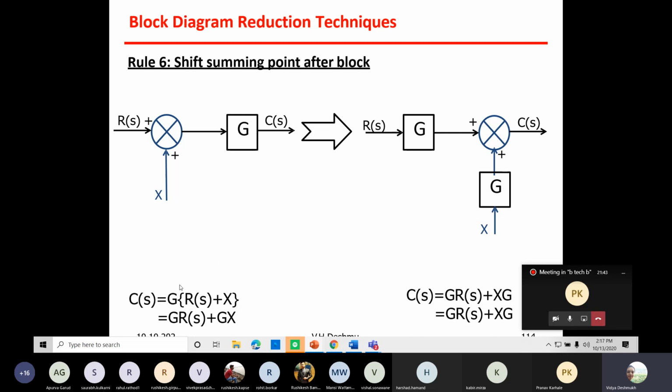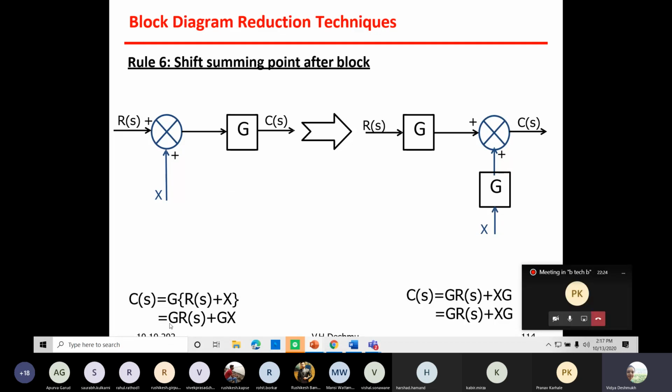Now here C of S is equal to G in bracket, R of S plus X. If we multiply this G inside the bracket, we get G into R of S plus G into X. After shifting this summation point, G is multiplied with R of S and X into G. So both C of S are the same.